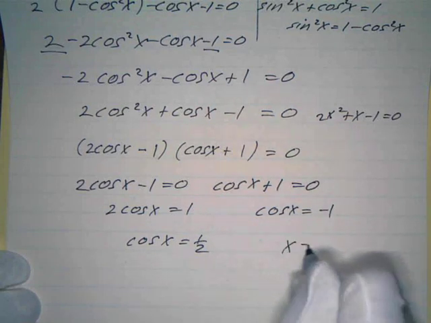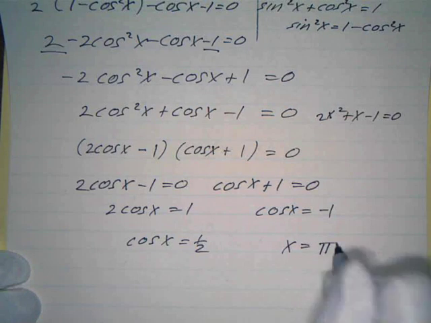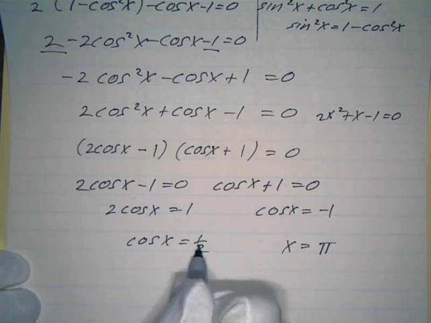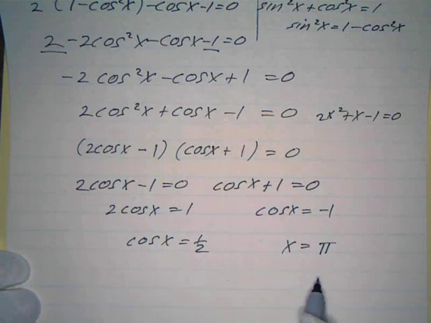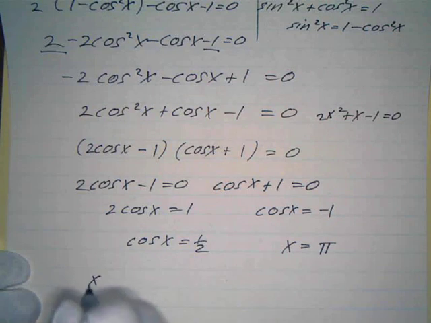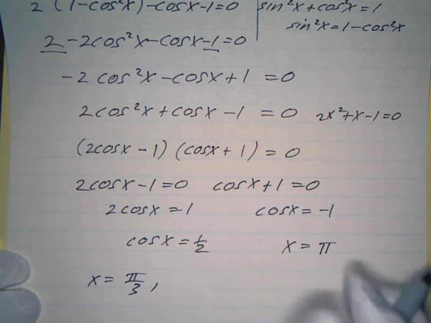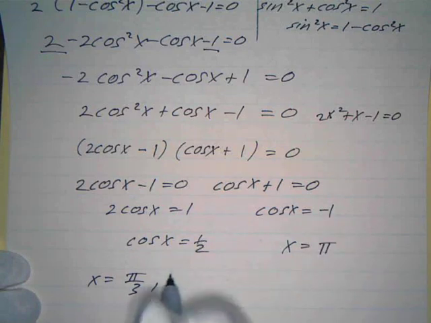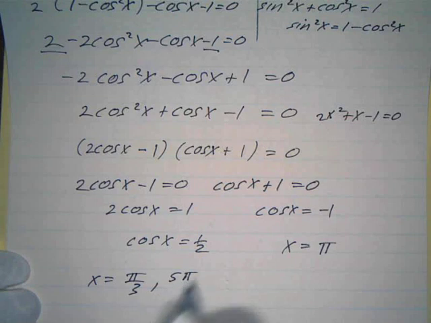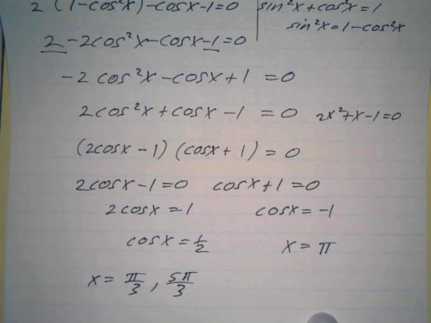So again, x equals pi, and where's the cosine equal to 1/2? That's going to be pi over 3, so x equals pi over 3, and cosine is positive in the first and fourth quadrant, so we also have 5 pi over 3. So those would be your solutions.